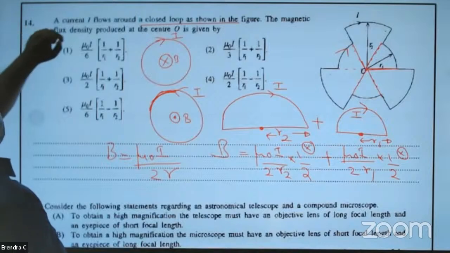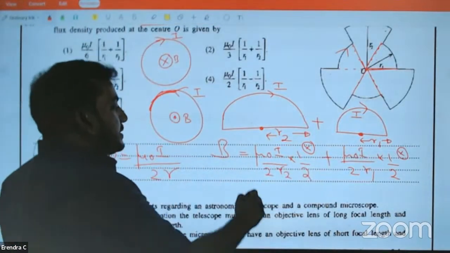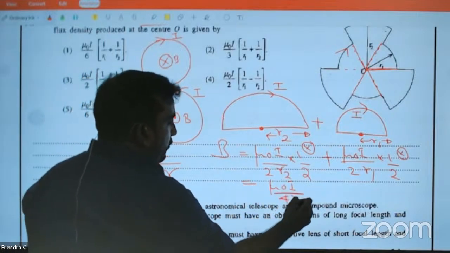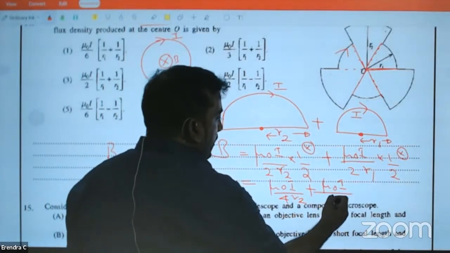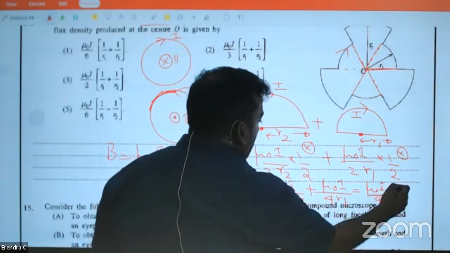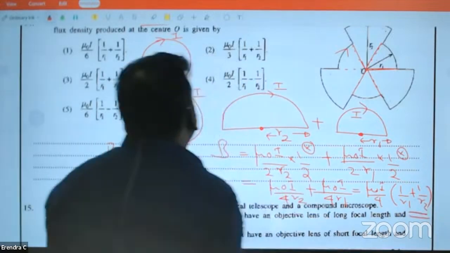Both are in the same direction, which means vector addition. Mu naught I divided by 4R2 plus mu naught I divided by 4R1. Mu naught I divided by 4, 1 over R1 plus 1 over R2.